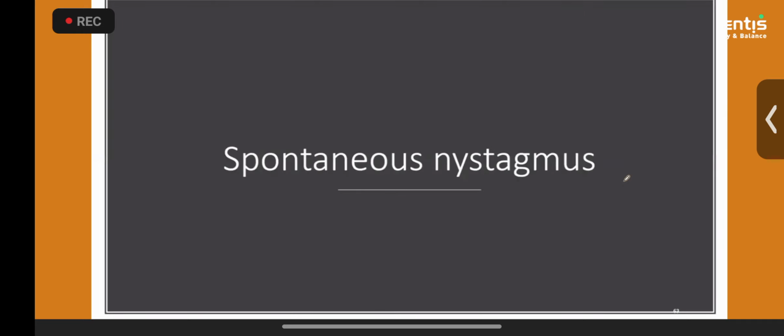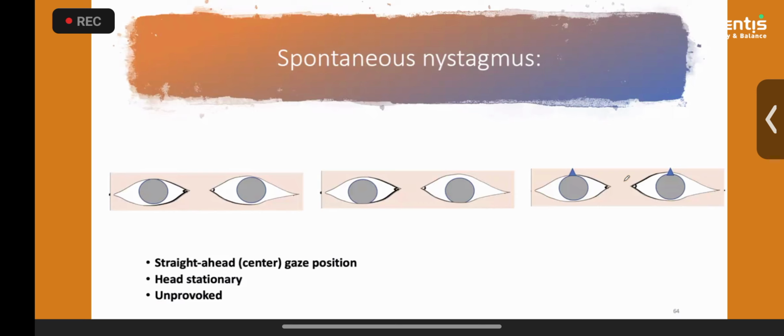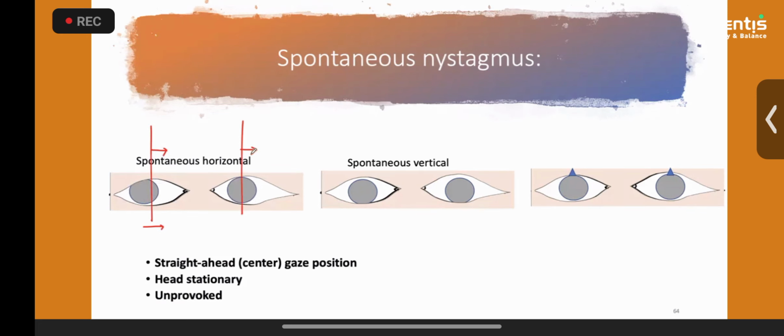Now coming to the spontaneous nystagmus testing. In the spontaneous nystagmus, you can see spontaneous horizontal nystagmus in the center gaze. You have to check in the center gaze. From the center gaze, the nystagmus is beating towards the left side. So it is a left beating nystagmus.